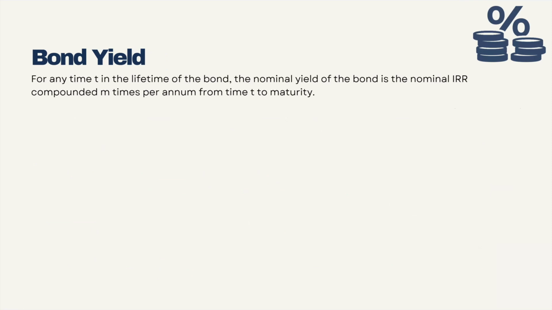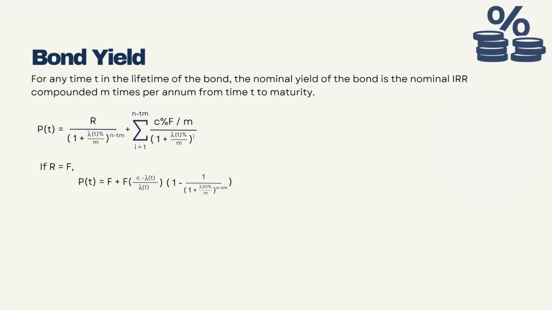That method can be generalized into the following formula, where P_t is the price of the bond at time t, R is the redemption value, F is the face value, C is the coupon rate, and lambda_t is the bond yield at time t. If you recall from earlier slides, I mentioned that the redemption value is usually equal to face value. If that is the case, then the formula can further be simplified into the following form.